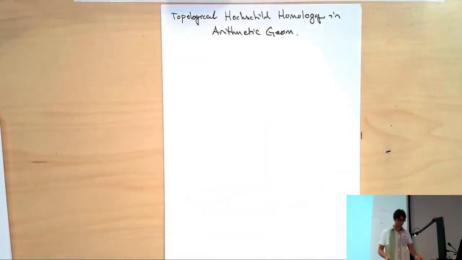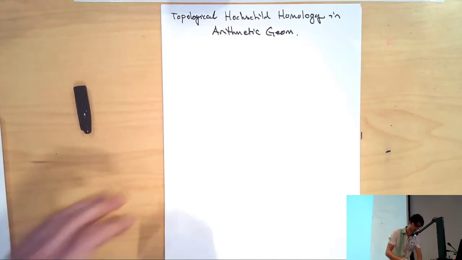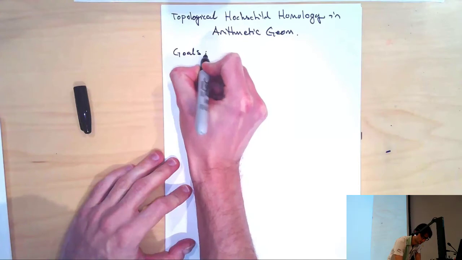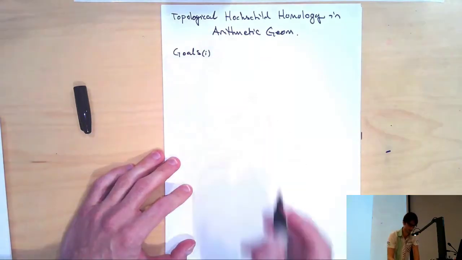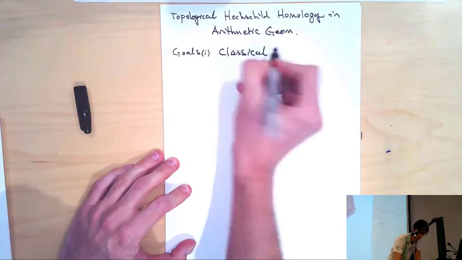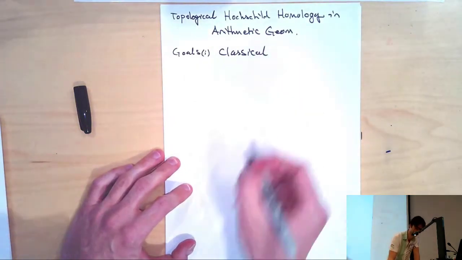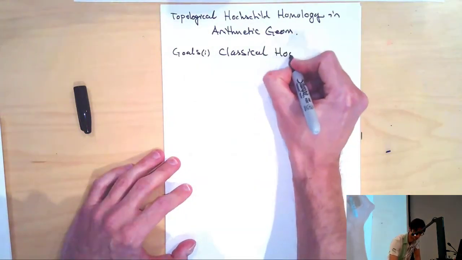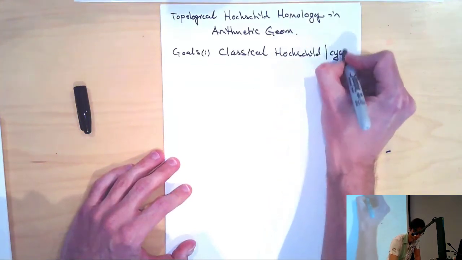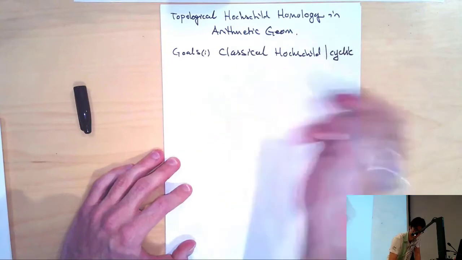So the rough goals of this course are going to be the following. I'm going to start, and this will be the focus of today, just by giving you some presentation of this very classical point of view on Hochschild homology and cyclic homology and the various variants thereof.